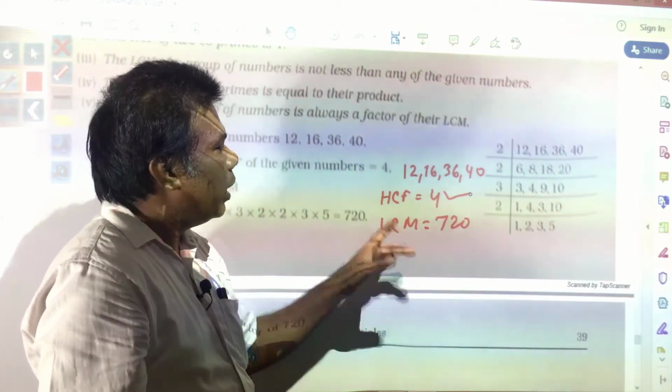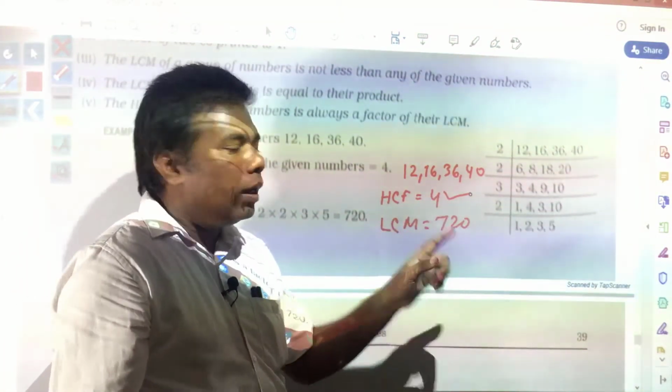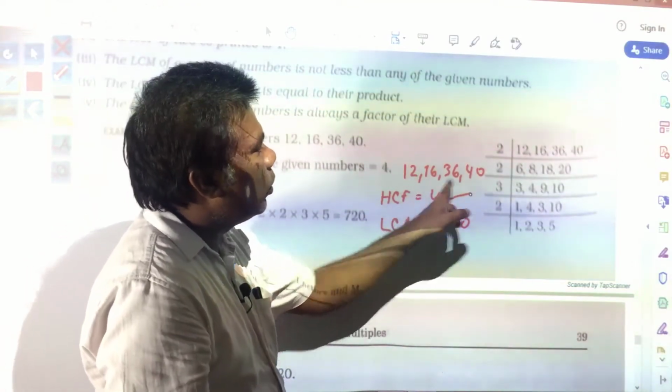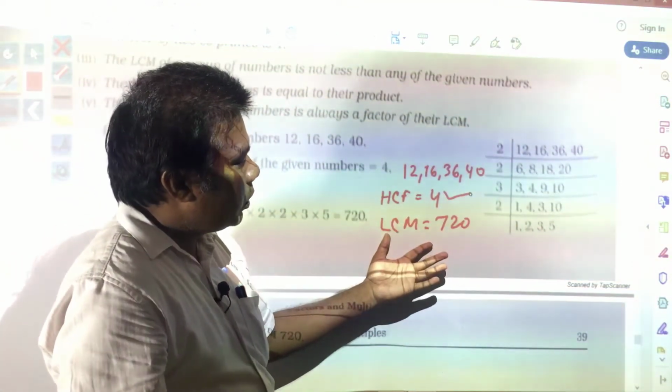In the same way, the HCF will always be a factor of the LCM of those numbers, which you can check with other numbers also.